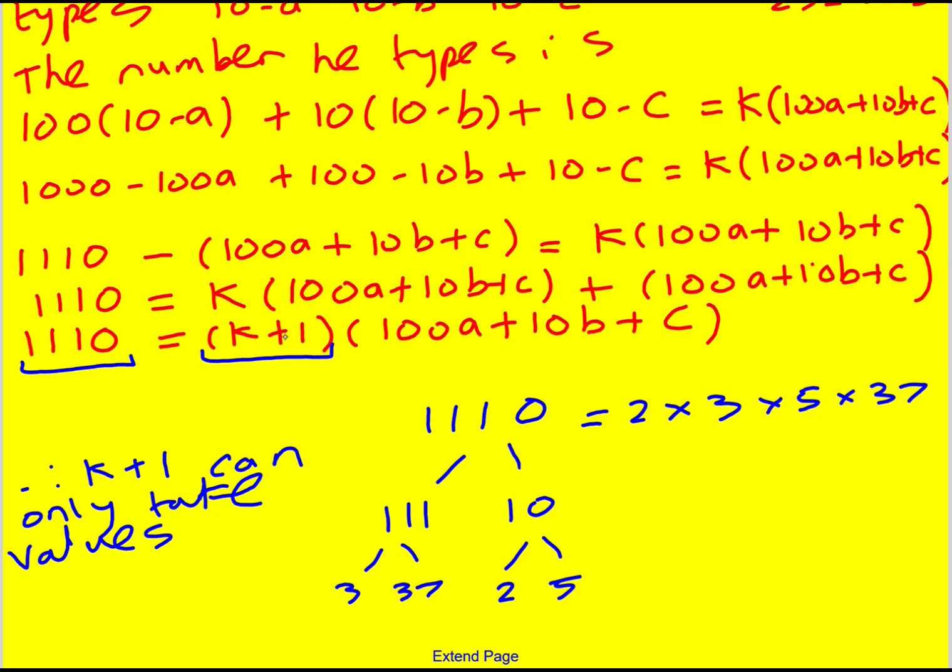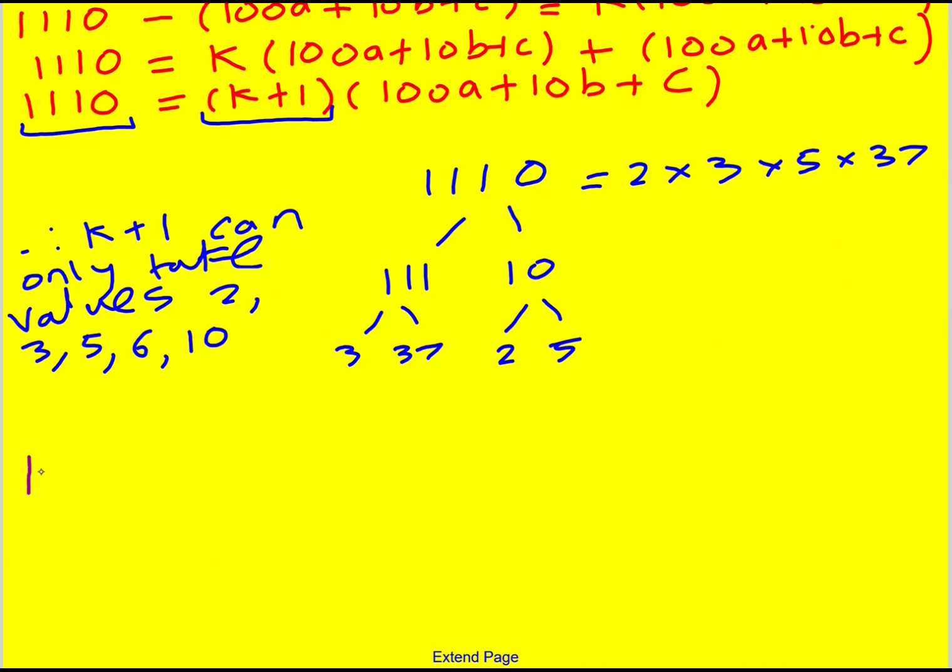Well, it can't equal 1 because then K would be 0, but it could take values 2, 3. It can't equal 4 because 4 won't then divide into 1110, but it could take the value of 5. Could take 2 times 3, 6. Okay, that 6 divides into 1110, or 10.